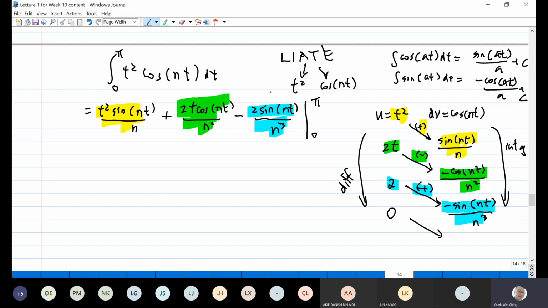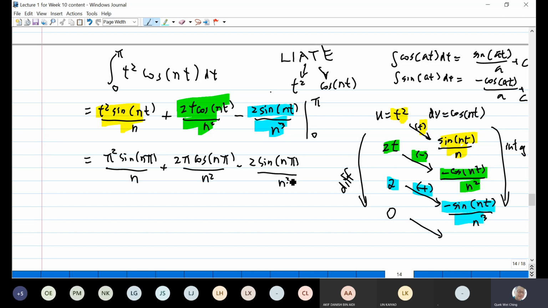So put t equal pi inside there. The first term is pi squared sine n pi over n. Second term, put t equal pi, get 2 pi cosine n pi over n squared. Third, get minus 2 sine n pi over n cubed.